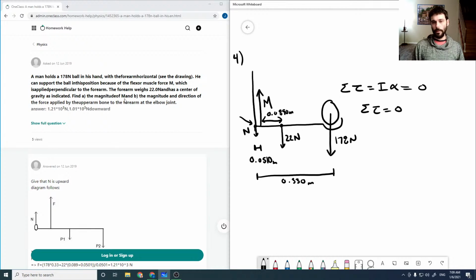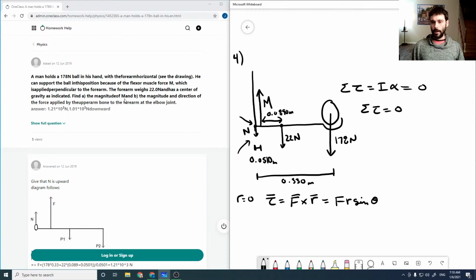So for our N here, R equals 0, and our torque is equal to F cross R. In this case, our R is 0, and we can write this also as FR sine theta, where theta is the angle between F and R. But R is 0.